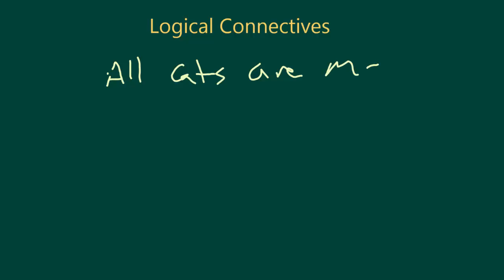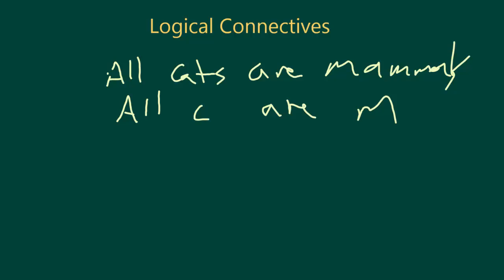So again, if we think about all cats are mammals, we would take out the content by representing our subject term and our predicate term with capital letters, and we would leave the form words all and are.